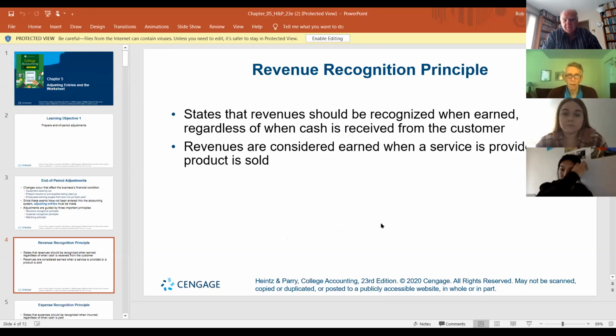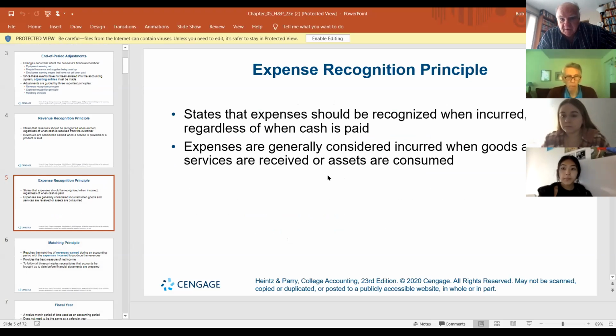Revenues are recorded when they're earned. It does not necessarily follow the cash. And we had those slides, if you remember, where we got the money in advance, we got it afterwards, we got it at the same time. Revenues are considered when earned, when a service or when the shipment is made. Expenses are recognized when incurred.